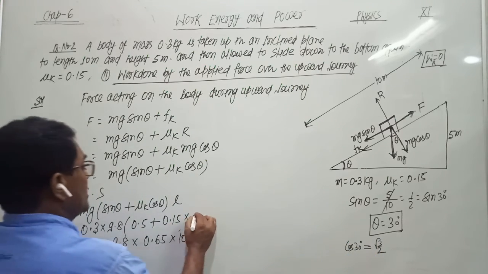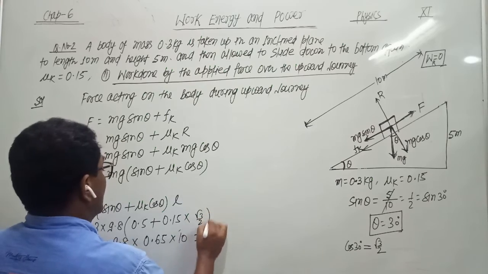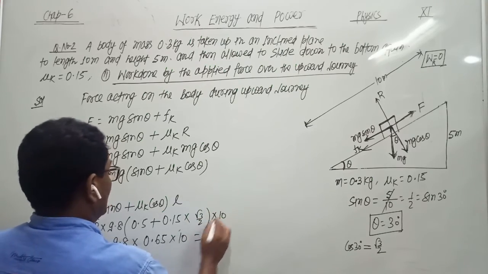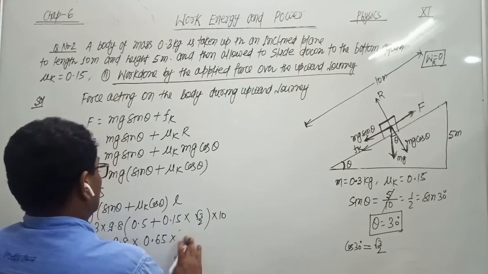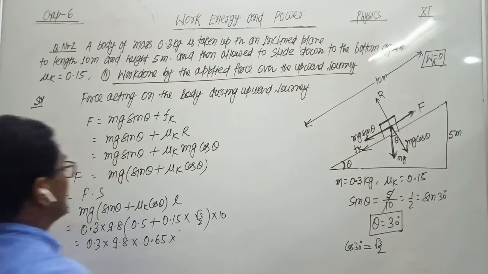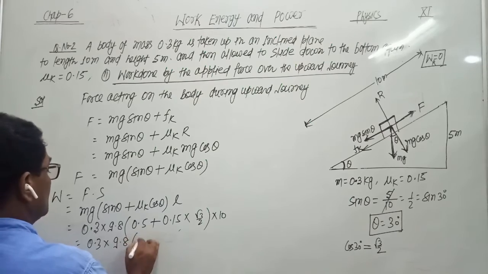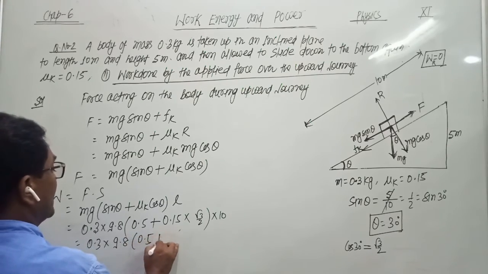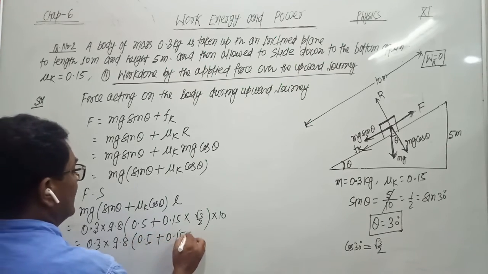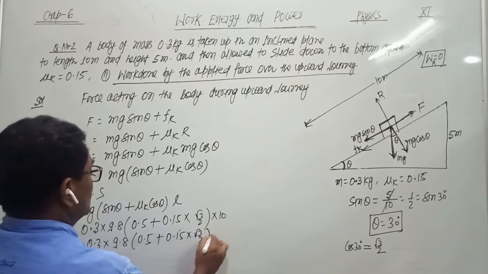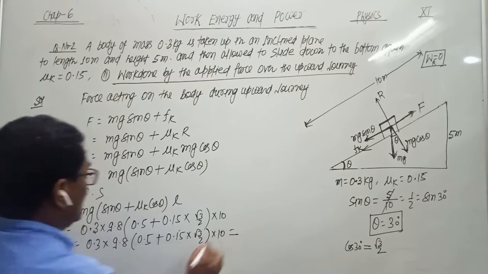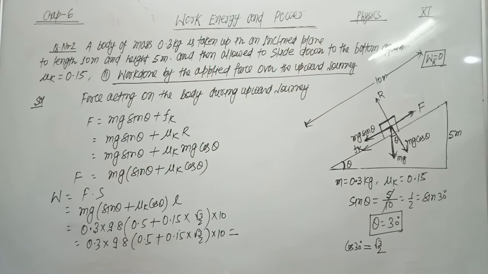So 0.3 into 9.8 into 0.5 plus 0.15 into root 3 by 2, into 10. And after solving, we get the result 18.5 joule.